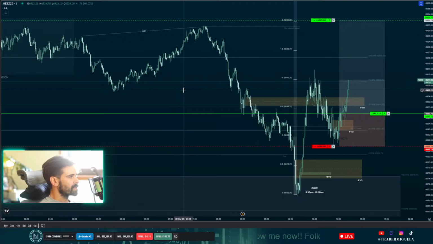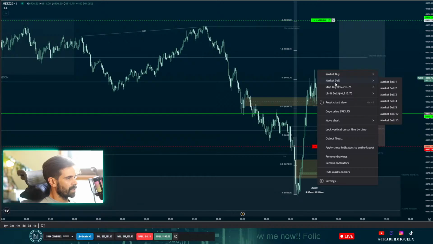I just need to see a little bit more. It would be nice to see price come here for this wick on the upside. Here I will take 2 off of 3.